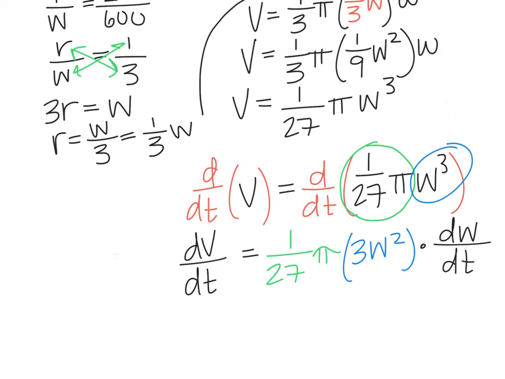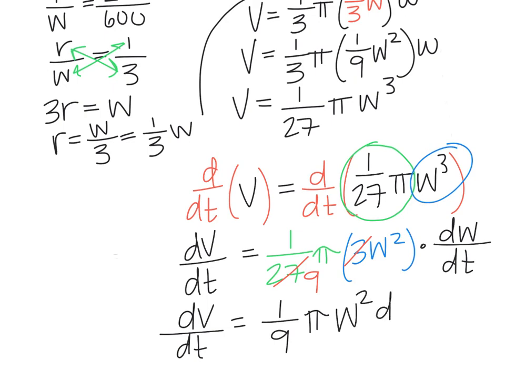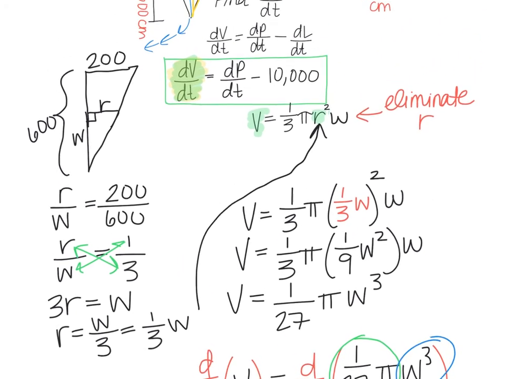So if I simplify here, 3 divides into 27, 9 times. So dv dt will equal 1/9 pi w squared times dw dt. So now I can go back up and input the information that was given to me. Where did it go?